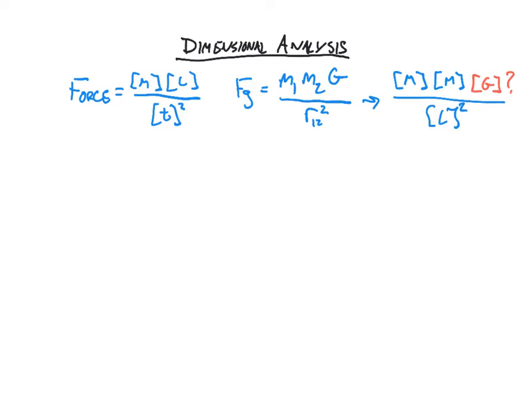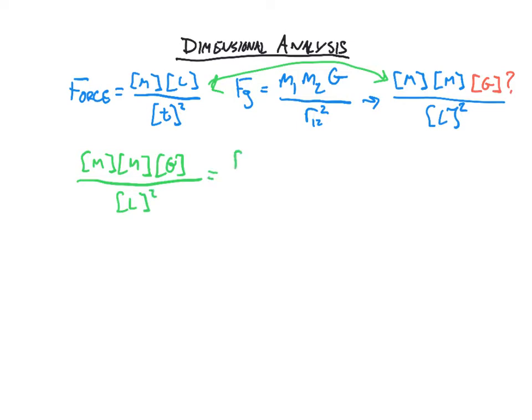Because we know that these two units should match. And so that tells us that we have mass times G all over length squared. That's the same thing as mass times length all over time squared.